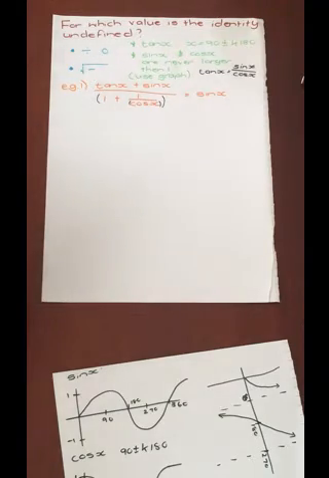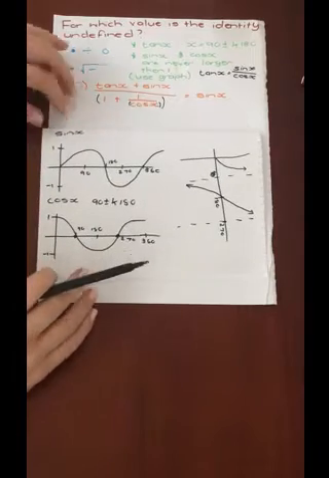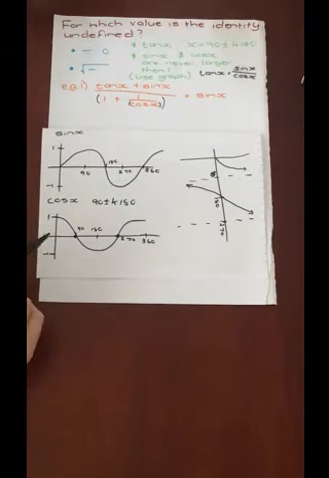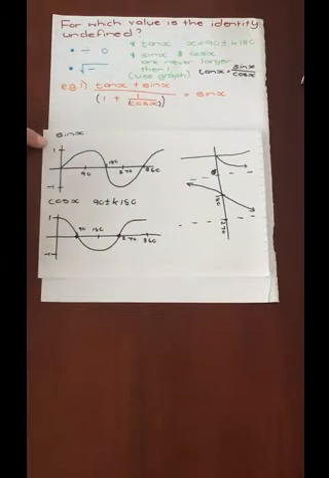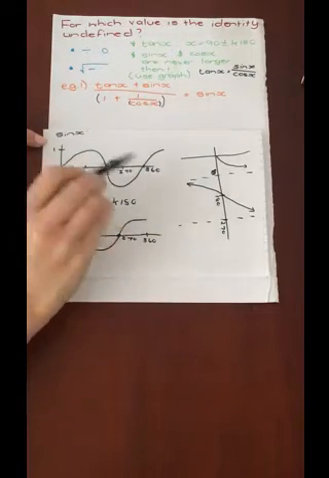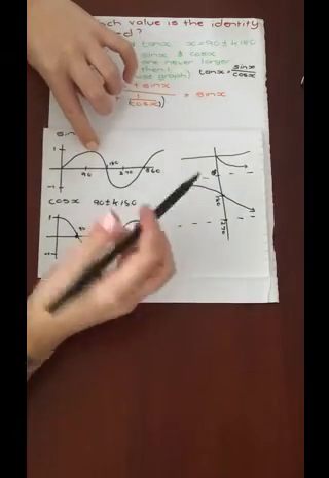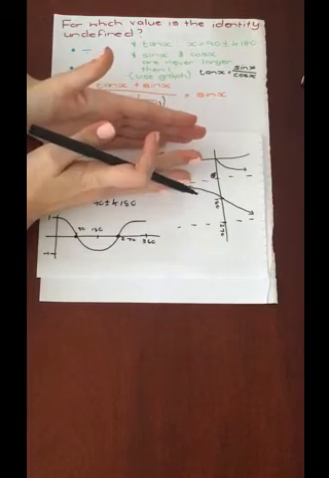Another thing that I want you to look out for and understand before we get started is that sine and cos are never larger than 1 unless there's a number in front of it, like 3 sine x, then your amplitude will change to 3. But if you're looking at your ordinary basic graphs, it never gets larger than 1 and never gets smaller than negative 1. It's stuck between these two numbers.